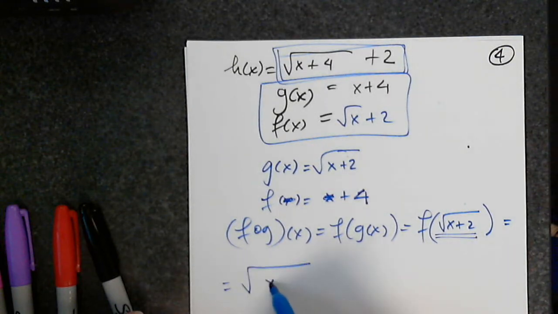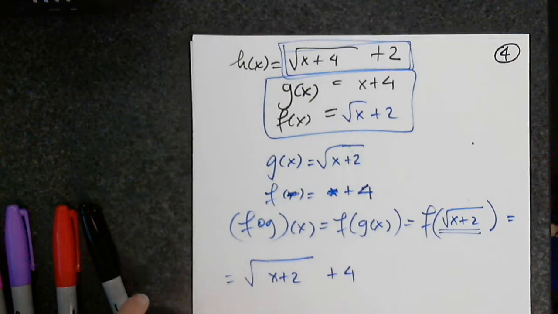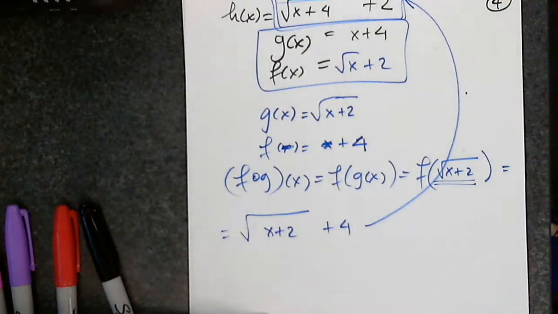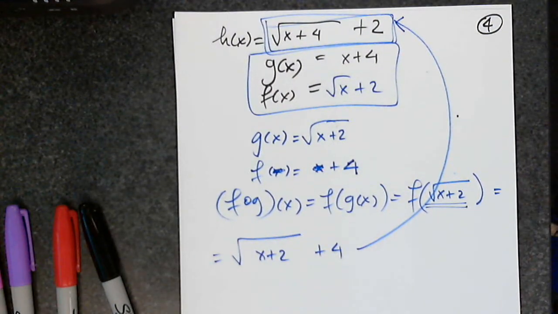So then I have the square root of x plus 2, plus 4. Is this function the same as this one? You should check. Good. Anything else?